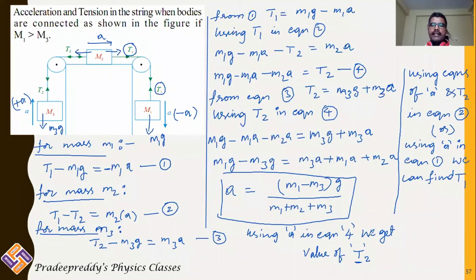So once you find the acceleration, if you substitute it in either equation 1 or equation 4, you will get tensions T1 as well as T2.